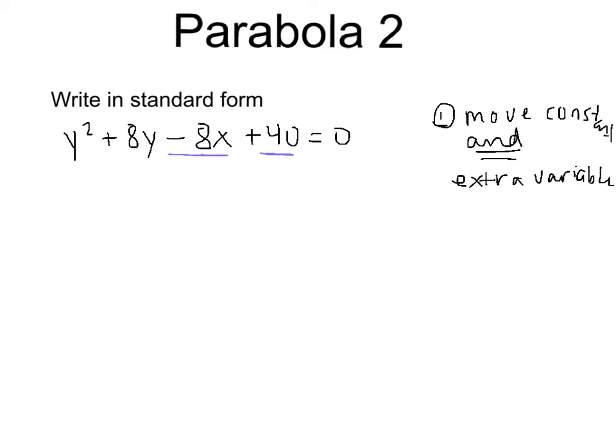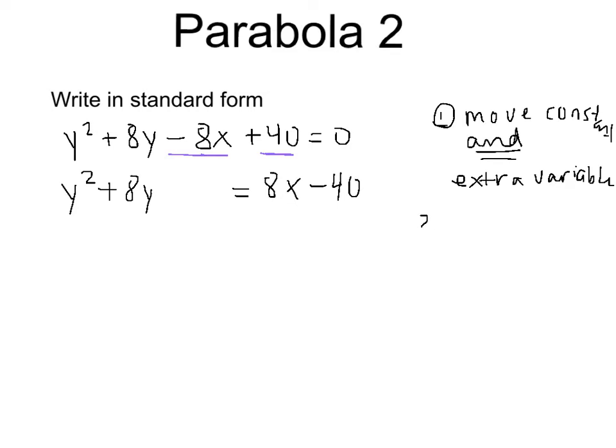Because there's not another x, there's two y's but only one x, that's what we're going to move. So we'll have y squared plus 8y, and that's going to equal, when we add 8x to the other side, positive 8x. So we're going to add 8x, and then we'll subtract 40, so we'll have 8x minus 40.